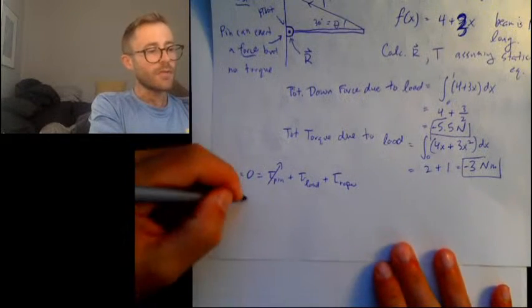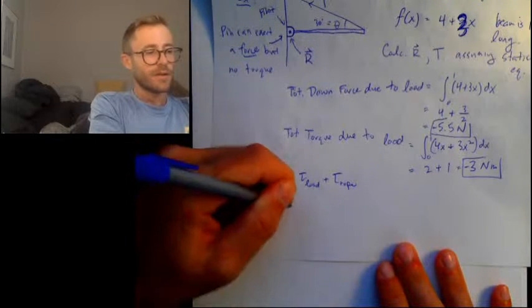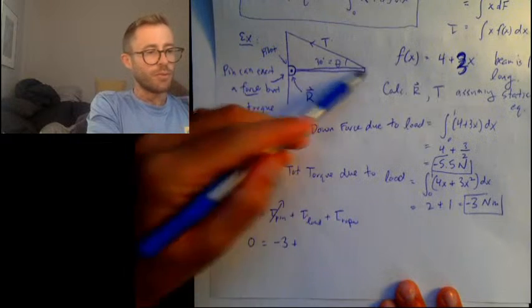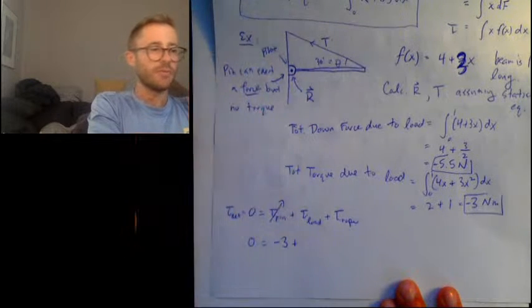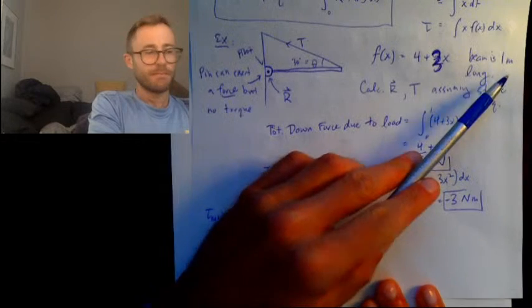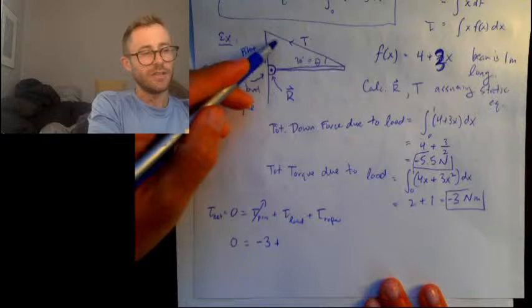The torque due to the load is minus 3. And the torque due to the rope, well, the rope is pulling 1 meter away from the pivot because it's a 1 meter long beam. And the perpendicular component is going to be T sine of 30.